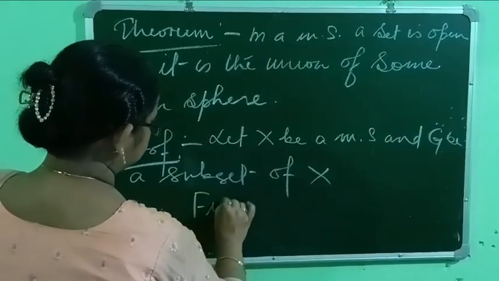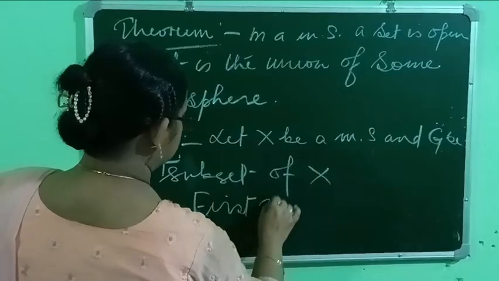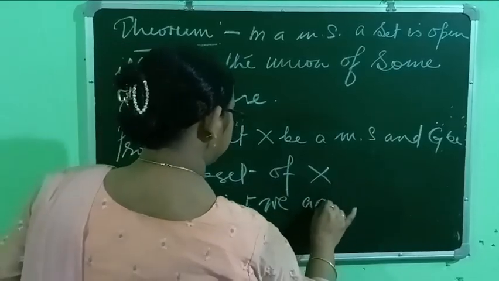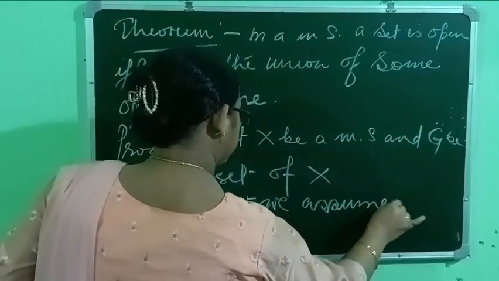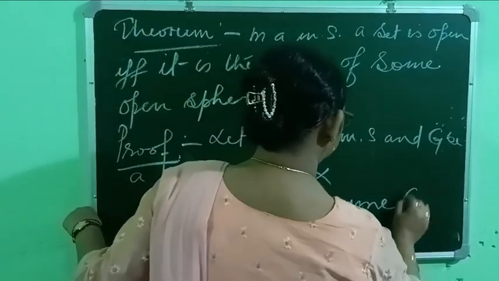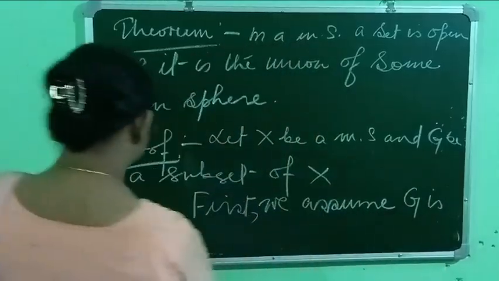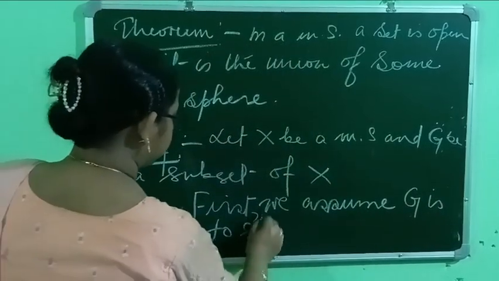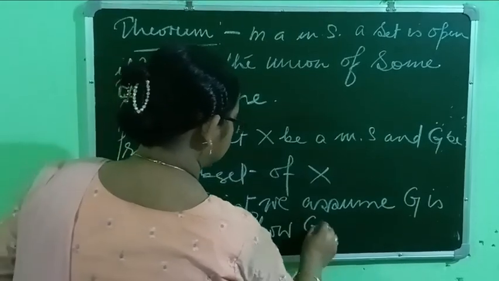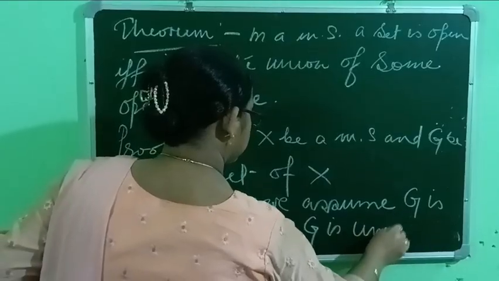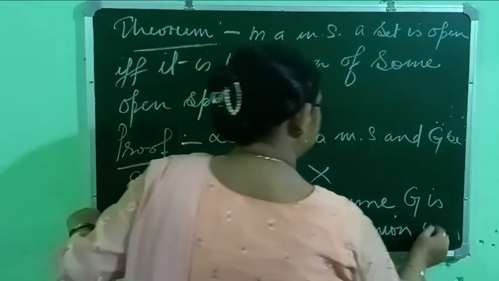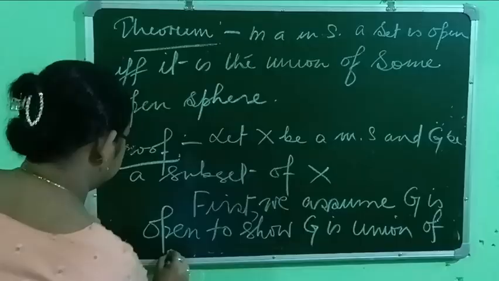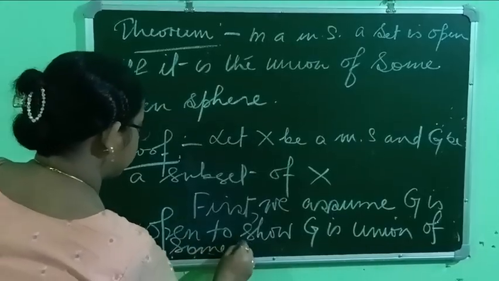First, we assume G is open. To show G is union of some open sphere.